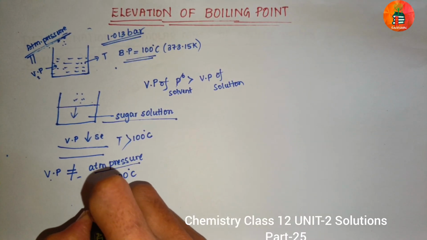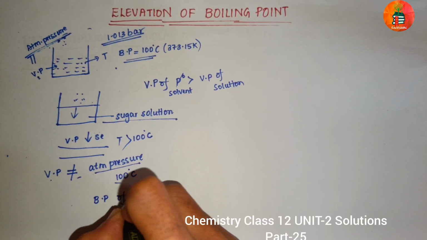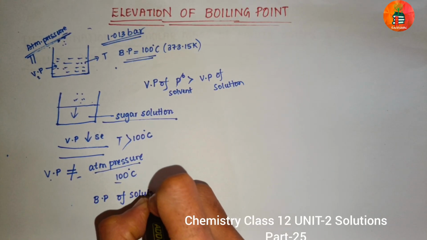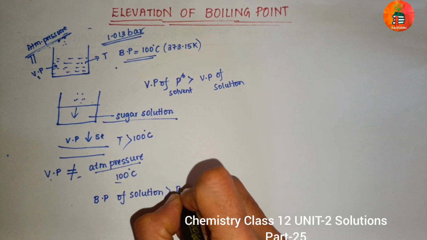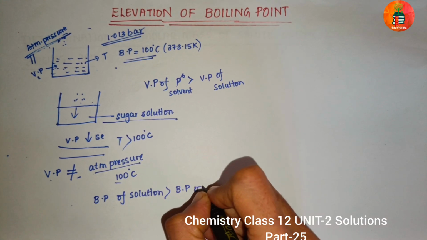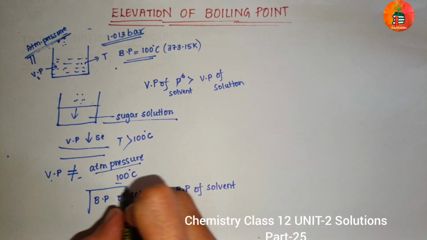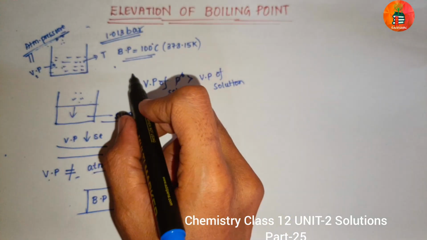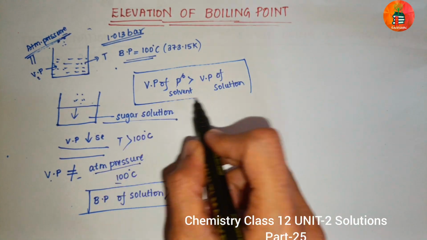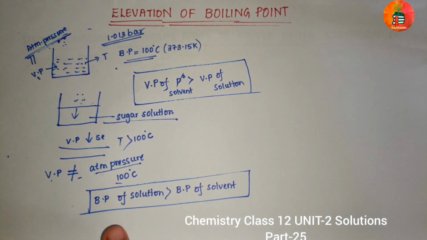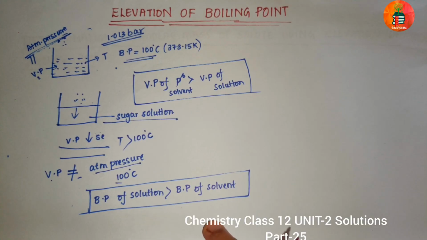The boiling point of solution will always be greater than the boiling point of solvent. Please remember these two different concepts. Vapor pressure of solvent is greater than vapor pressure of solution, but when you come here, boiling point of solution is greater than boiling point of solvent. The reason you know here.